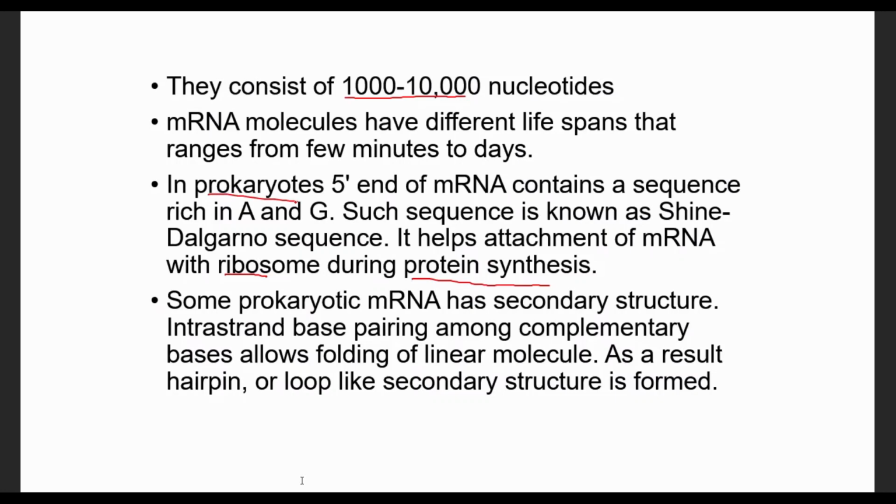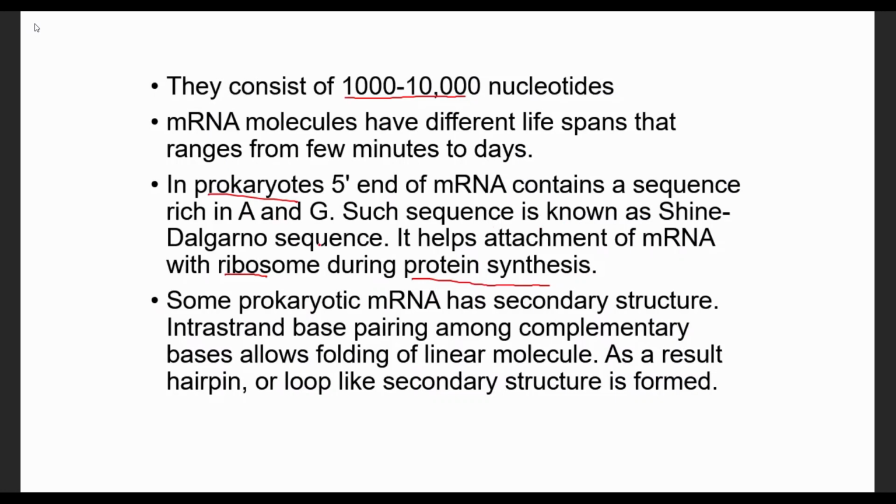But in the eukaryotic cell, we use the Kozak sequence. This is a consensus sequence found at the 5' end of messenger RNA. It will be used for protein synthesis.